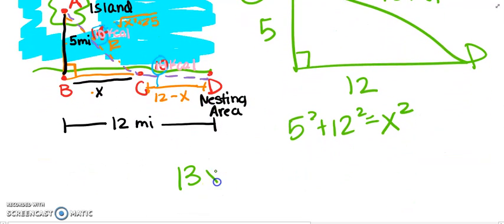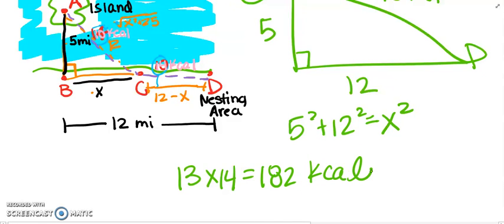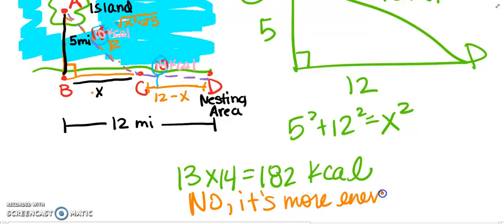So 13 times 14 is 182 kilocalories. Does he have enough? No, he only has a reserve of 170. So you'd say no, it's more energy than the bird has. He needs 12 more.